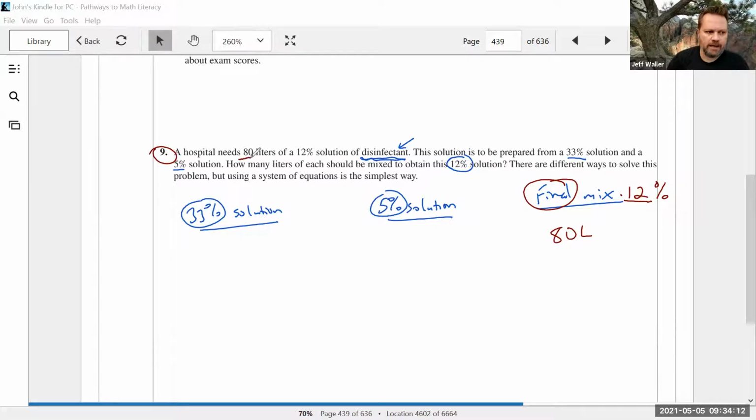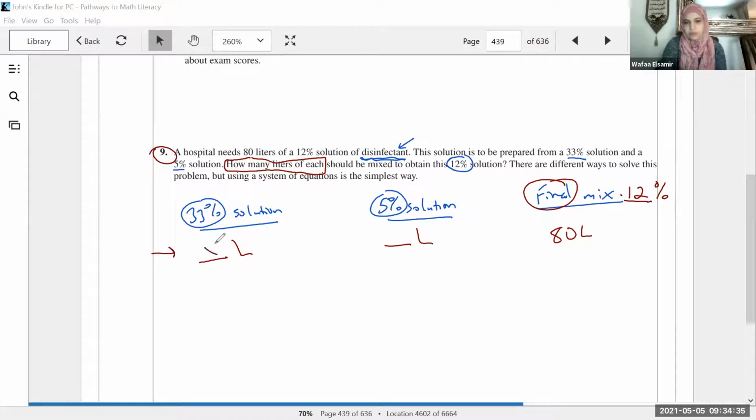And then it says, how many liters of each? So do I know how many liters of this guy or this guy? No, I have no idea how many liters of those, right? Okay, so what do you want to call this one?